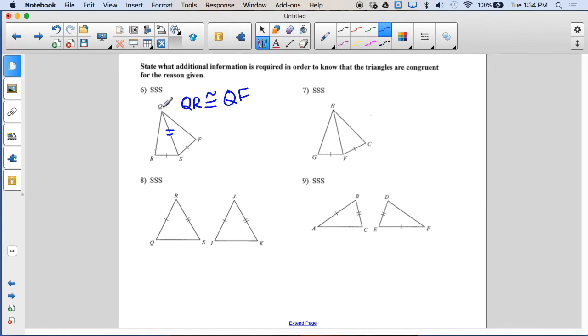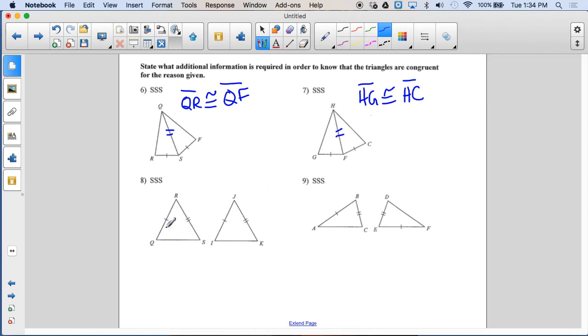And if I knew that those two lines were congruent, we'd be all set. In number 7, I know HF is congruent to HF, but what I need to know is HG must be congruent to HC. Okay, and if they were congruent, I'd be able to prove the two triangles are congruent.